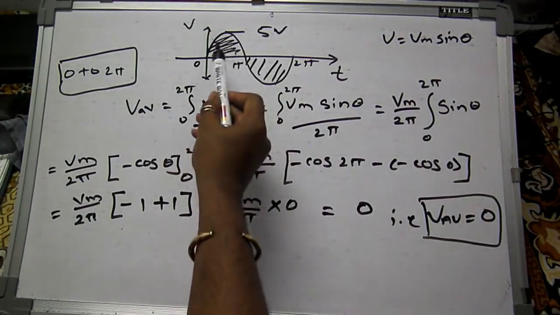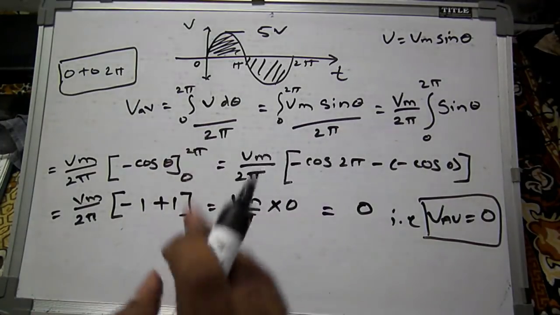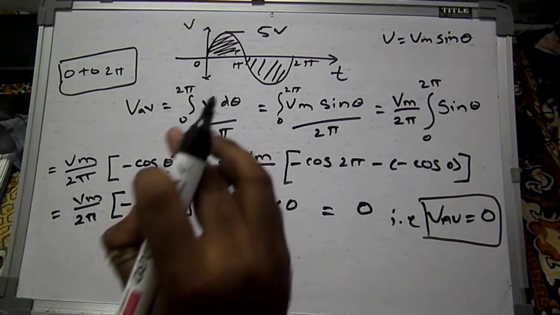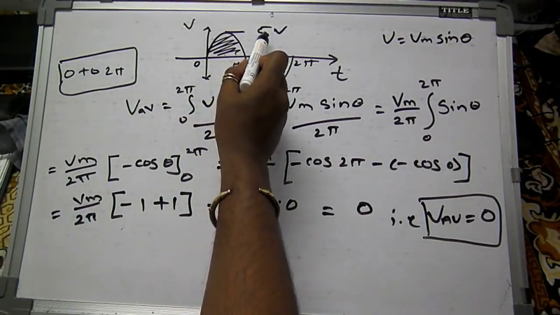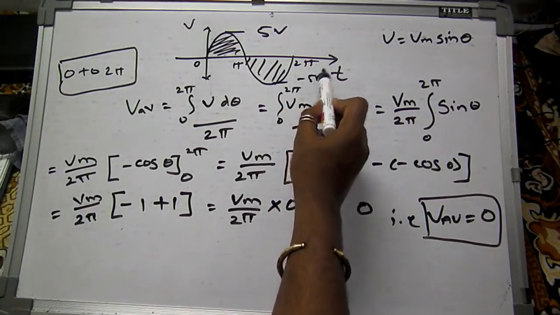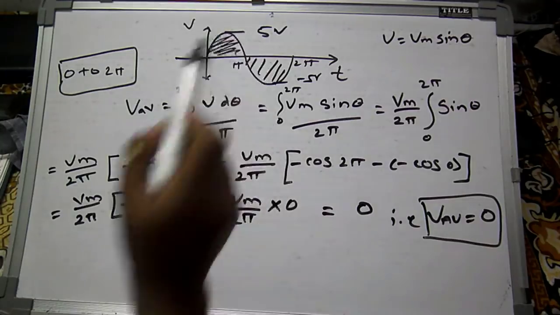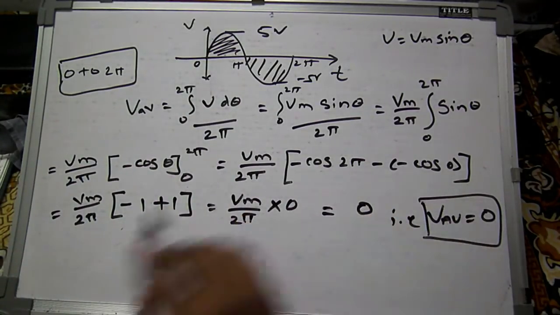This happens in the case of averaging in a symmetric wave. If we are taking 5 volt up here, then it will be minus 5 volt over here. In such a case, when the waveform is symmetric, we will get V average as 0.